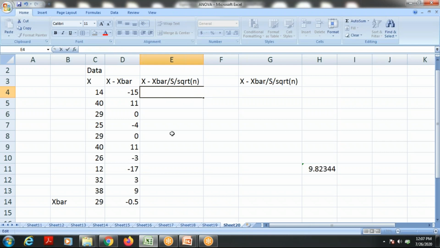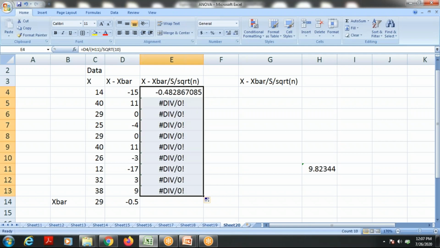I'm saying it's equal to this one divided by this one, and again divided by SQRT. Better not to close the bracket. Okay, got it? Getting how these values are calculated?